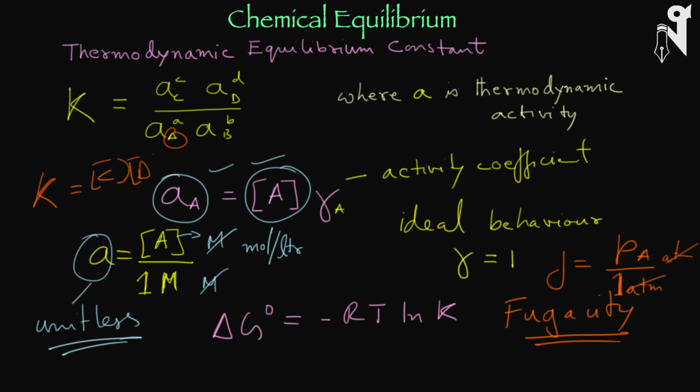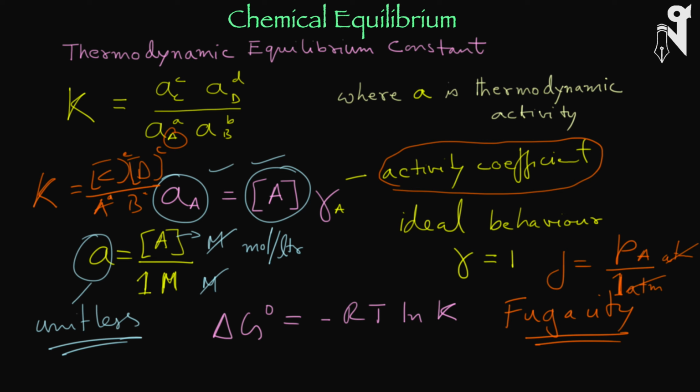They write it, divided by A power a, B power b, to emphasize that they have taken the concentration and have not actually gone into the activity coefficient, which might be a big fat formula. If you are not at ideal behavior, the concentration into activity coefficient would be a complex function which is luckily not in the course at all, so we don't have to worry about it.